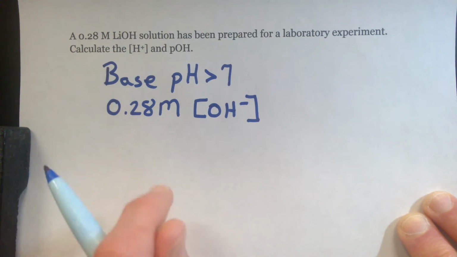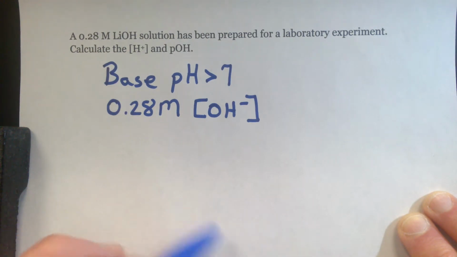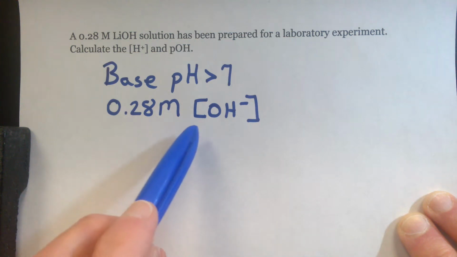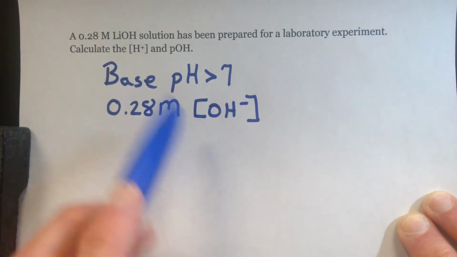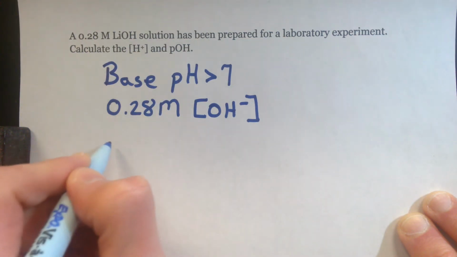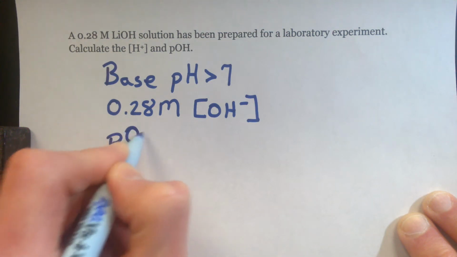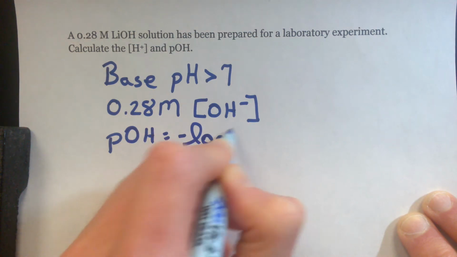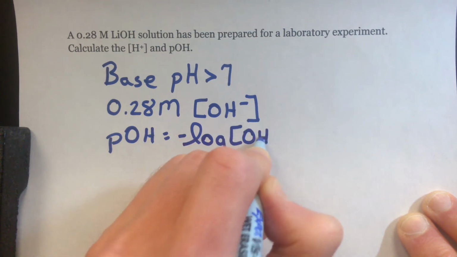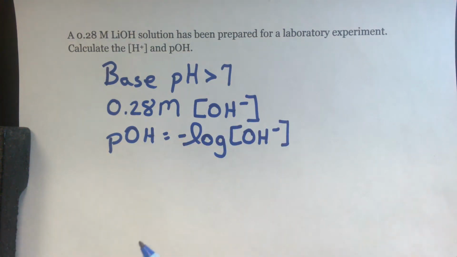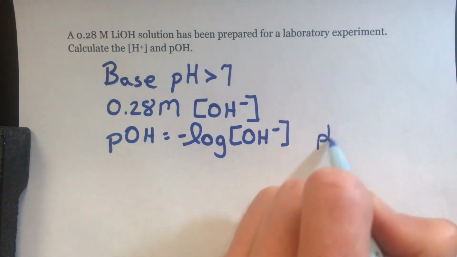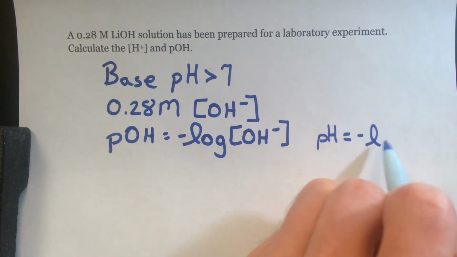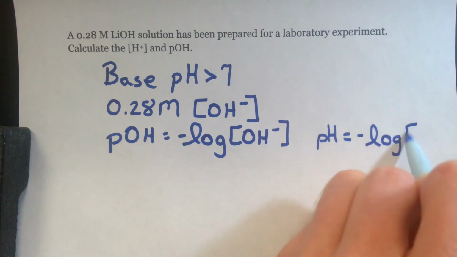So it's going to be an easy calculation to get this pOH value, because we know that pOH is equal to the negative log of OH negative, similar to pH being equal to the negative log of the H plus.